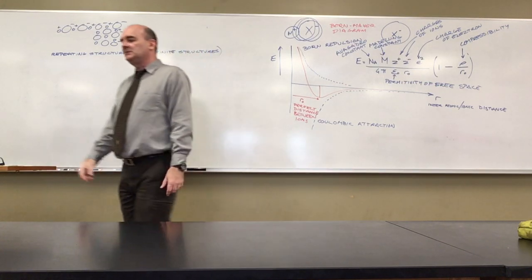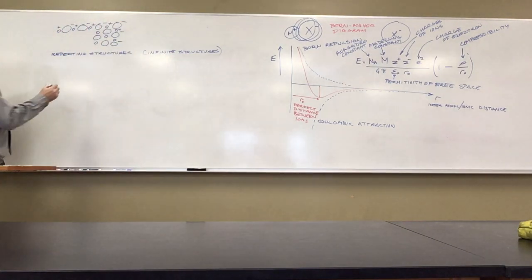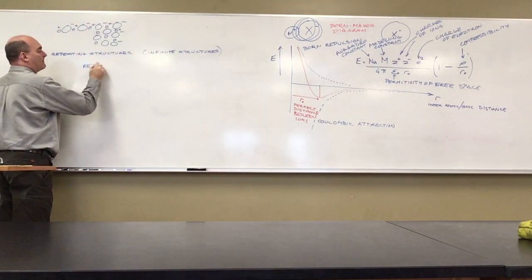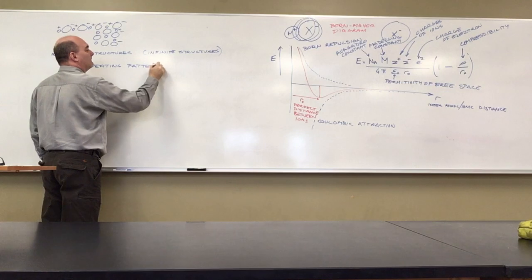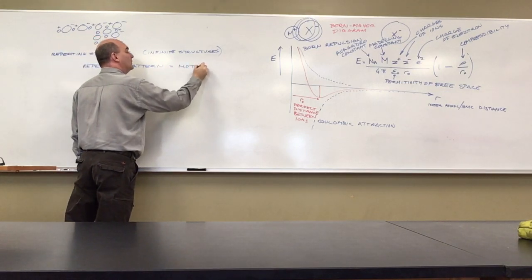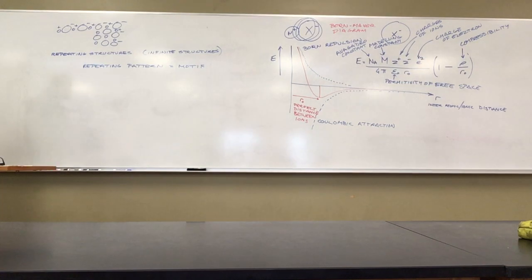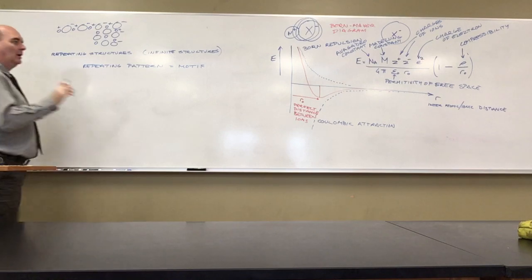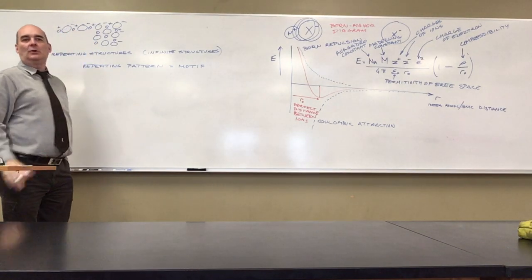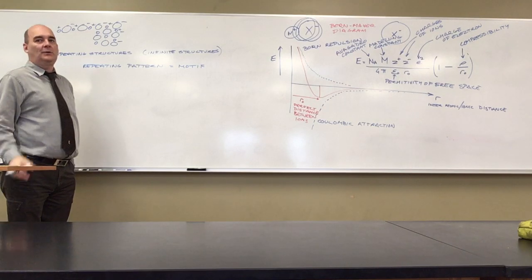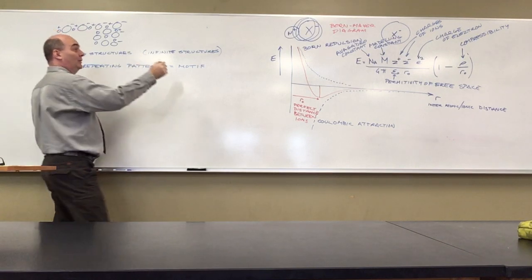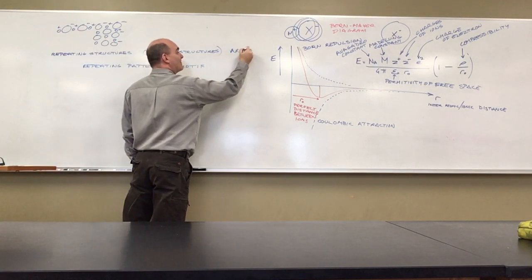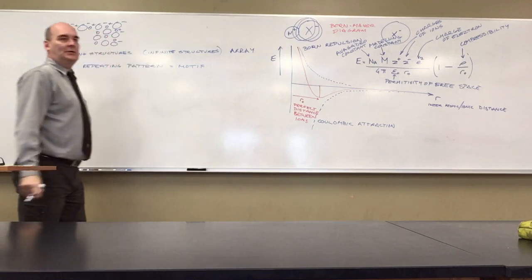But because it repeats, the repeating pattern is called a motif. And the smallest 3-dimensional representation of the motif is all I need to describe. I don't need to describe 1,000,000 ions in an array. Oh, that's a good word. They are arrayed.